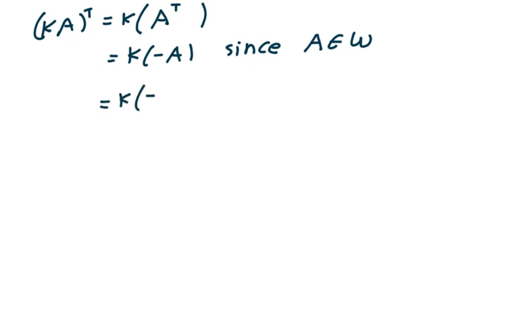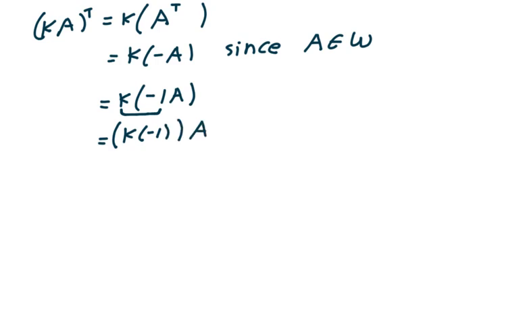I'm going to write this as K times negative 1A, like so. Okay? Now, if you don't mind, these scalars here, maybe we'll do it this way, make it easier. So I could write this as K times negative 1A.